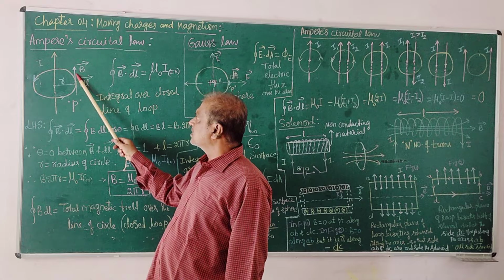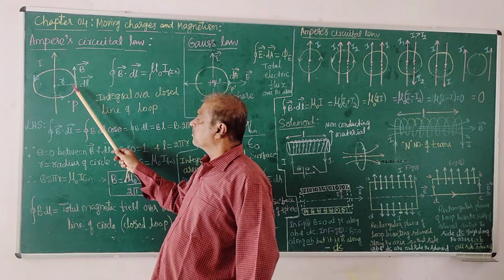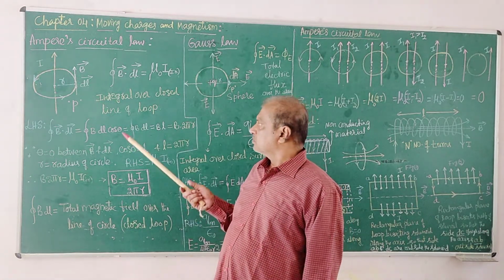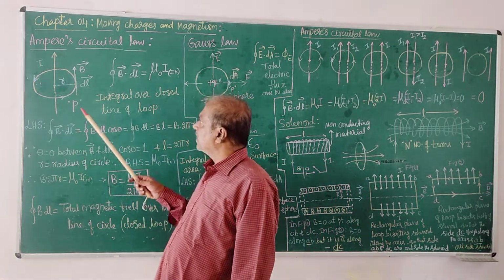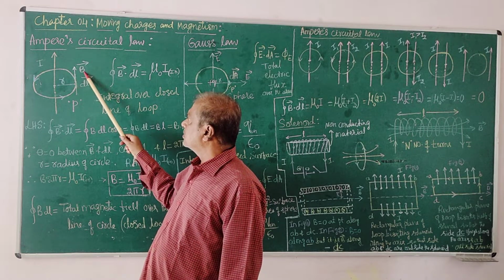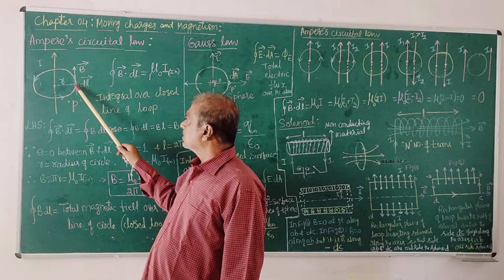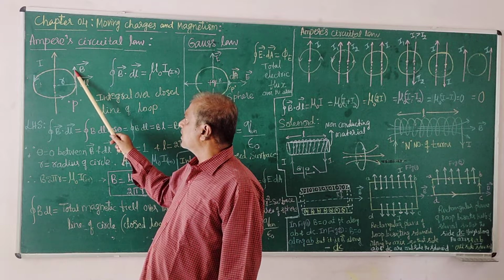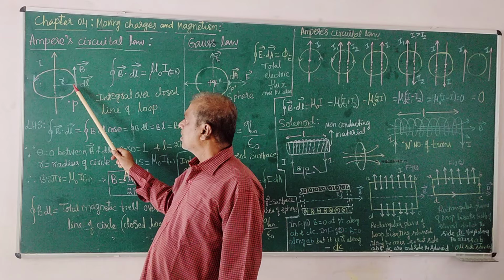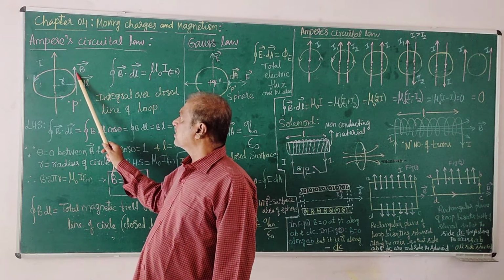And what is the direction of the magnetic field at this point? The direction is also tangent to the circle at this point. That is also a tangent, this line.